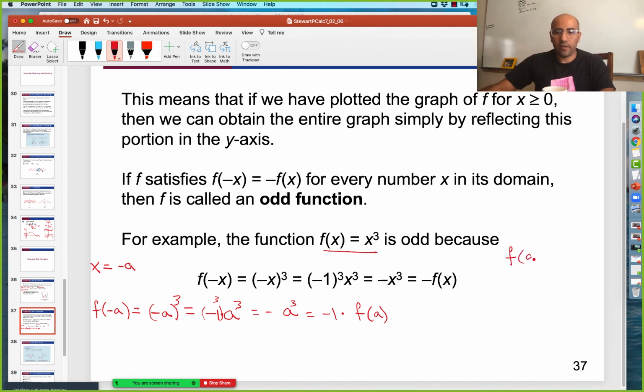Good. So if we have the case where f of negative a equals negative f of a, then we have something that's odd.